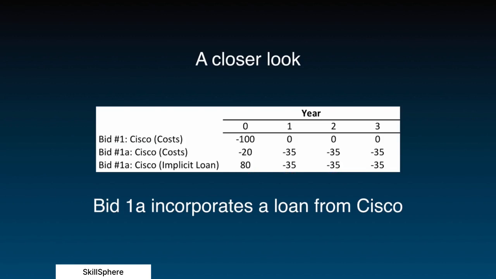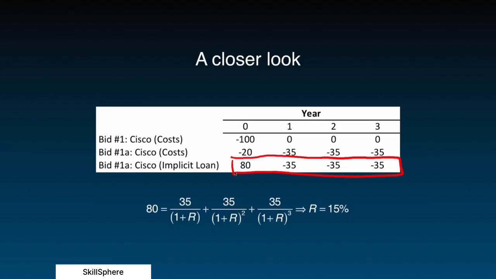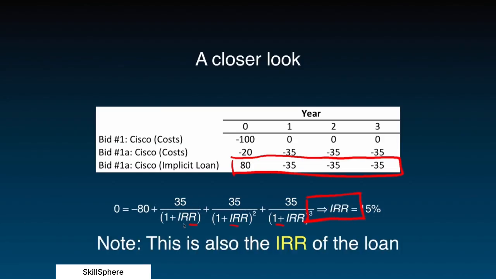Here's a question. What's the interest rate on the loan? We can figure that out. How? Just compute the IRR. And if we do that, we see that the interest rate is 15%. And again, this is just the IRR.